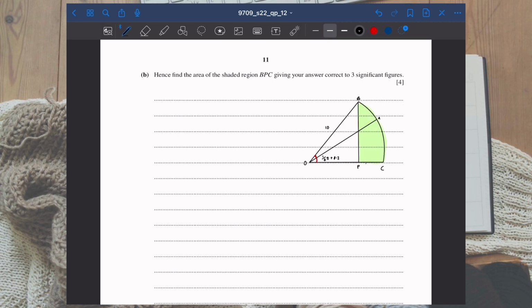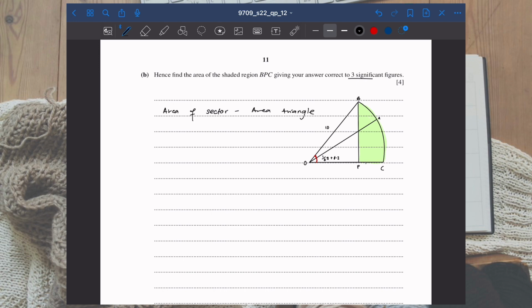Part B. Hence find the area of the shaded region BPC, giving your answer correct to 3 significant figures. So we want area BPC, which I already sketched out and highlighted here. So first we can find the area of the sector and then minus it with the area of the triangle.